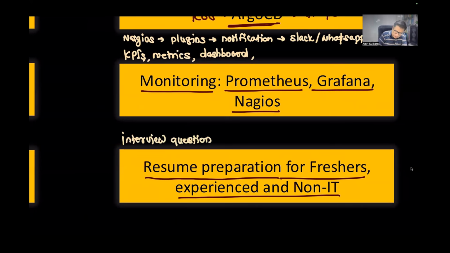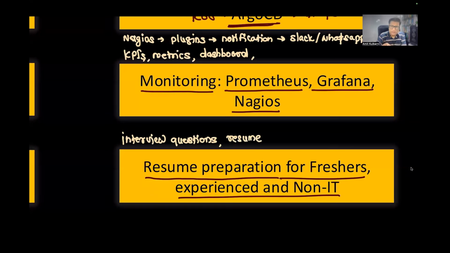In the last 2 or 3 sessions, I'll be talking about interview questions. We'll see how to frame the answers, what different things to include there, and so on and so forth. These last 2 or 3 sessions will be reserved for talking about the interview questions. On top of it, I'll tell you how to prepare your resume as well, like resume building.